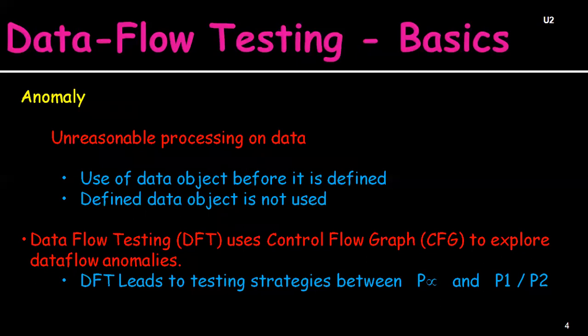For these two reasons, we may get anomalies. And we are going to explore these anomalies by using control flow graphs. So data flow testing, DFT, uses control flow graphs to explain these data flow anomalies.